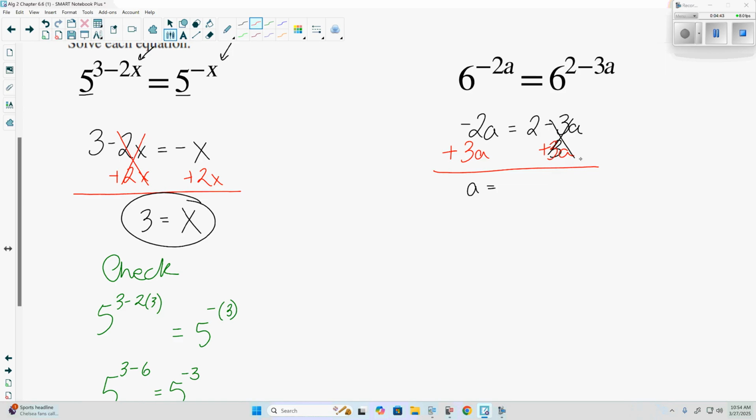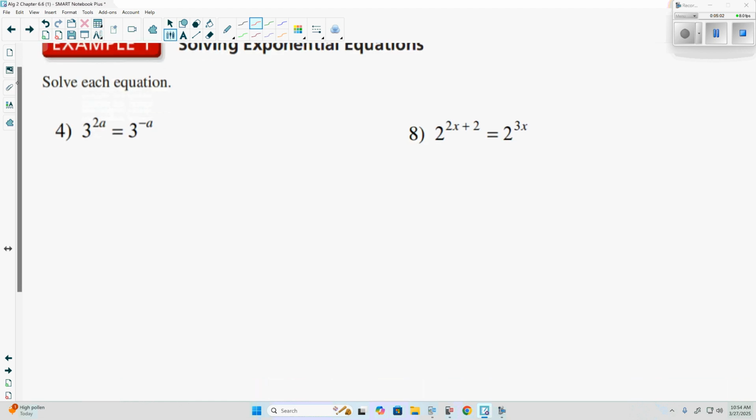Our negative 3a plus 3a is 0, leaving us with 2. So a is indeed 2. Questions on this here? Questions on any of this so far?